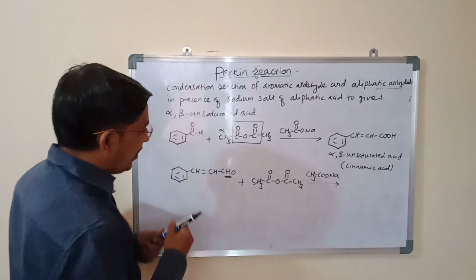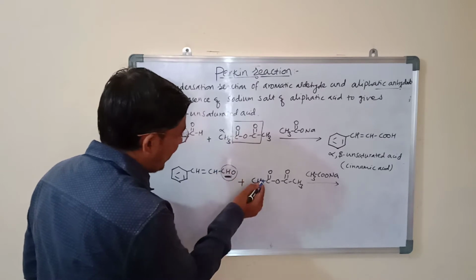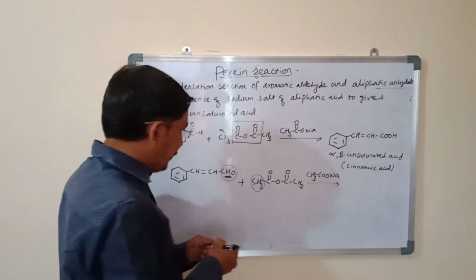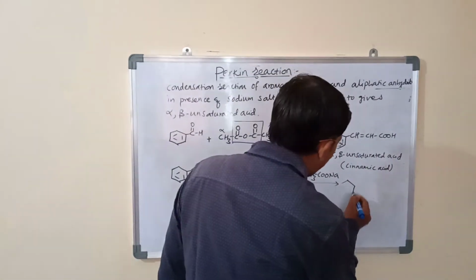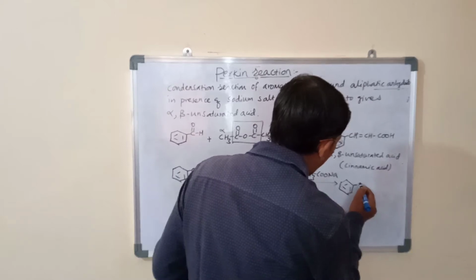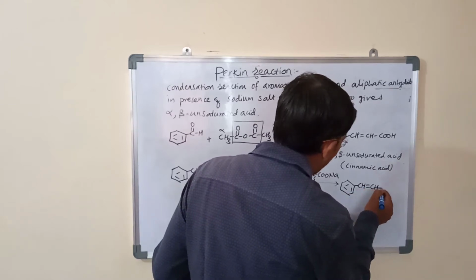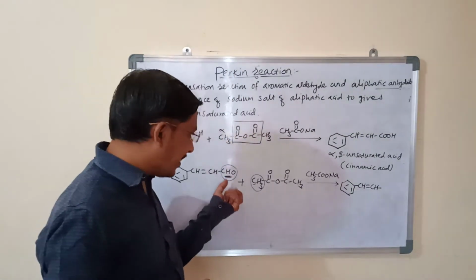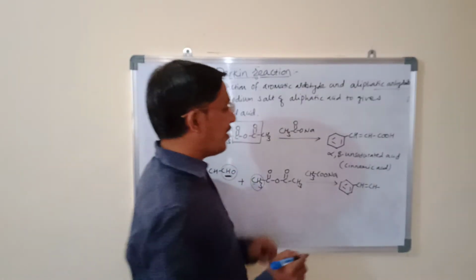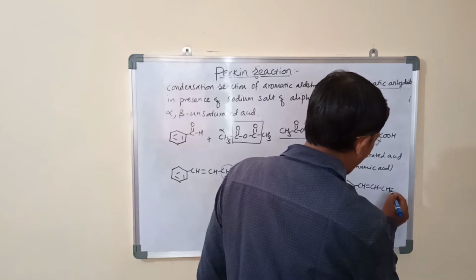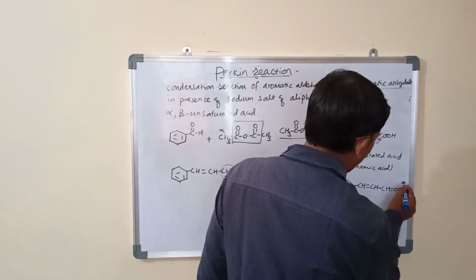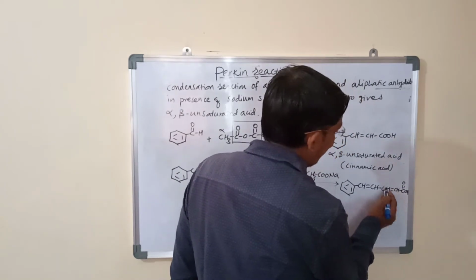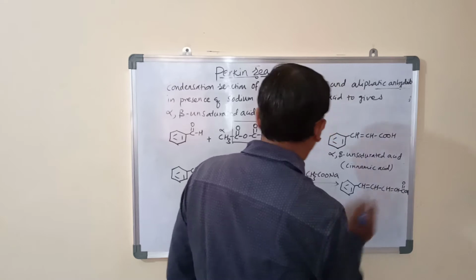It is important that the reaction takes place on the aldehydic carbon and the alpha carbon of that anhydride. Here we get the product as an unsaturated acid. The CH double bond CH remains as it is, and a new carbon-carbon double bond is formed between the aldehydic carbon and the alpha carbon of the anhydride, giving CH double bond CH and then COOH. This is an acid, and this carbon-carbon bond is our new bond.